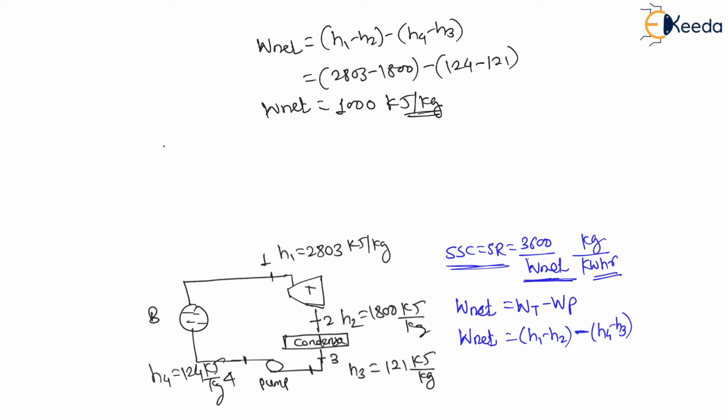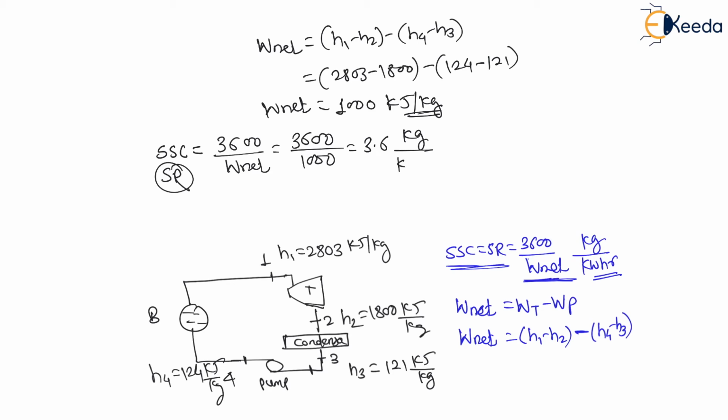And here they are asking specific steam consumption, also called steam rate, which is nothing but 3600 divided by W net, which is 3600 divided by 1000. Therefore it is 3.6. From this equation the unit will be kg per kilowatt hour.